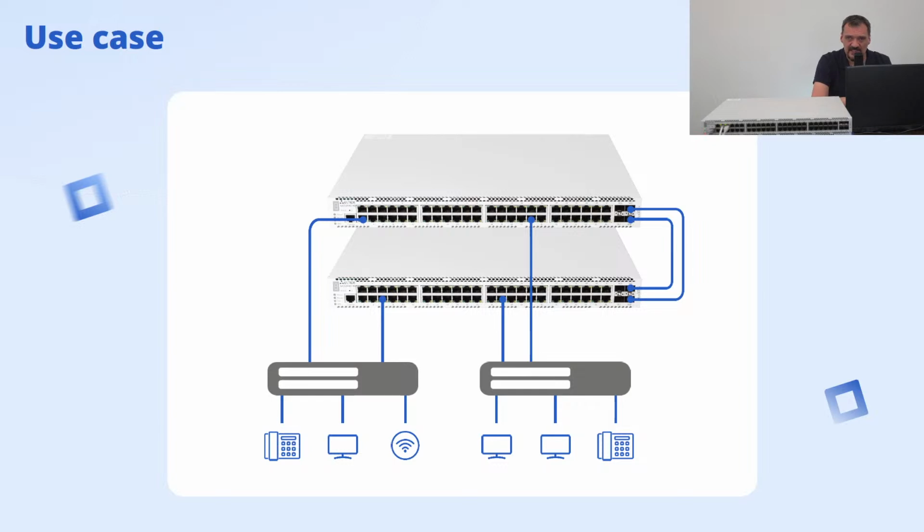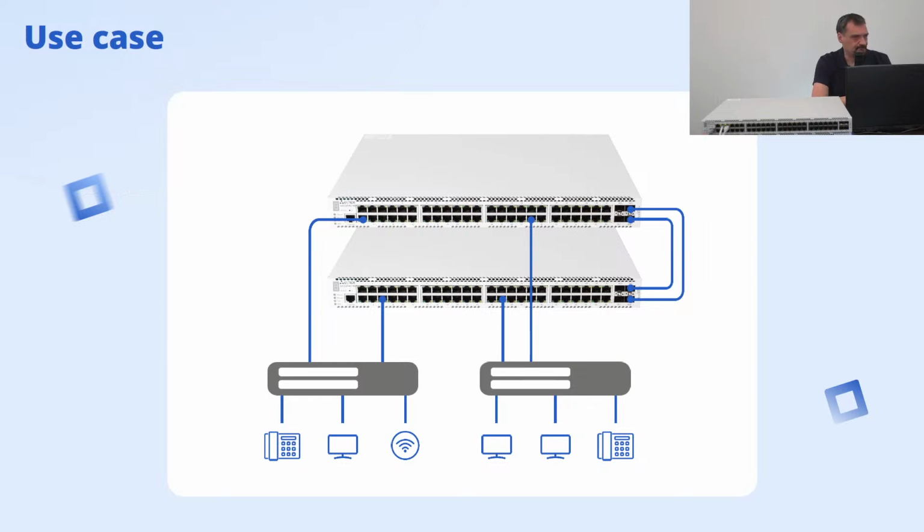In fact, the idea was stacking two switches, but it is still in production and still to be delivered. I do hope it will be delivered as soon as possible, but it is planned for 2024.